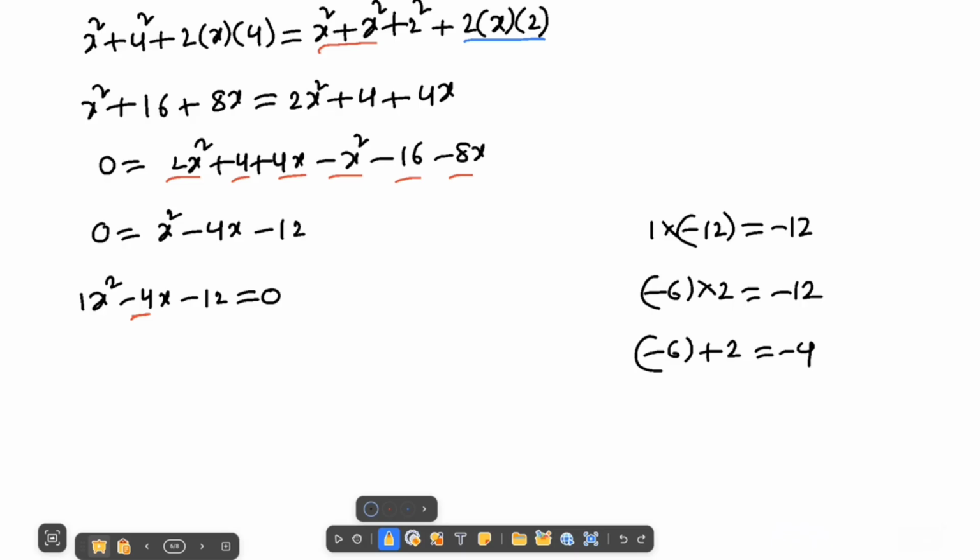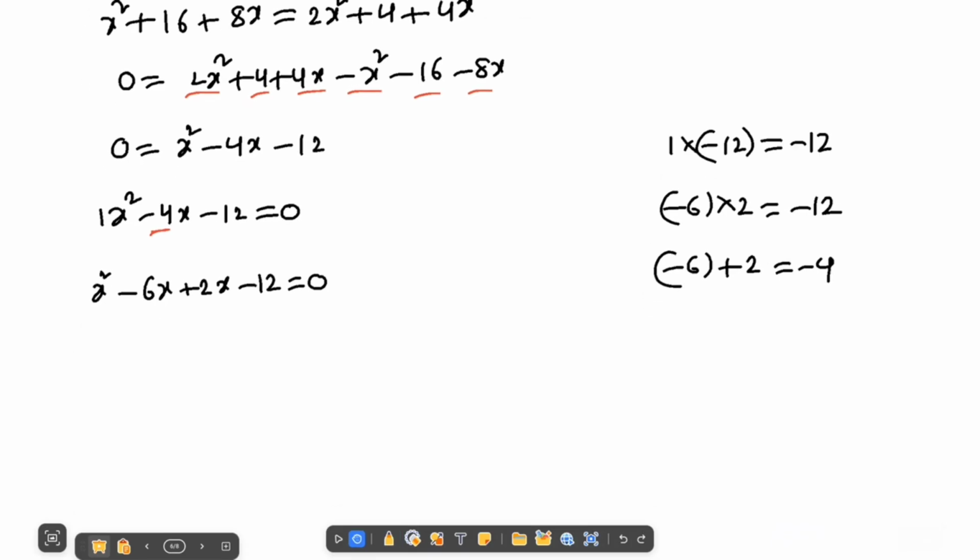So let's split minus 4x as minus 6x plus 2x. So x square minus 6x plus 2x minus 12 is equal to 0.